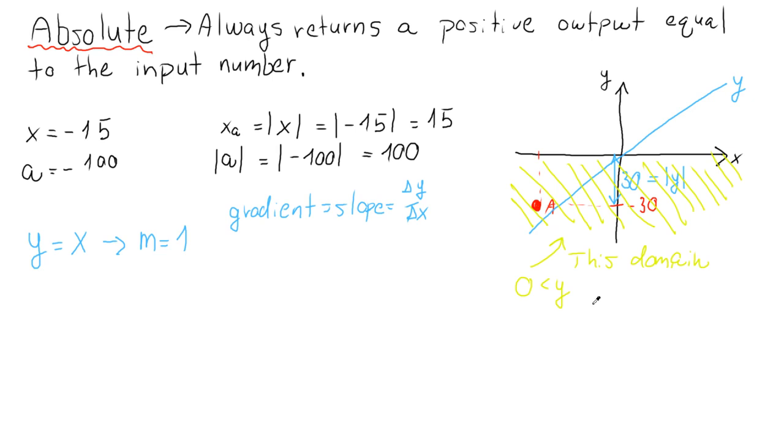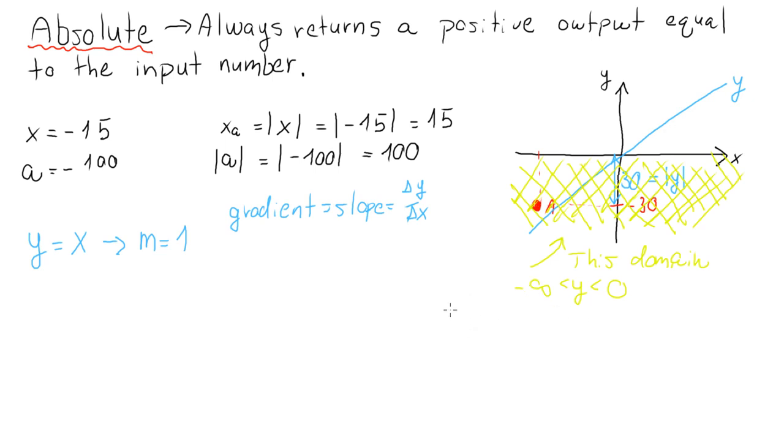Yep, I'm going the other way around, so apologies. Let me rotate that. There we go. So it is from -infinity up to 0. This domain right here, which I highlighted in yellow, the absolute function cannot be expressed.